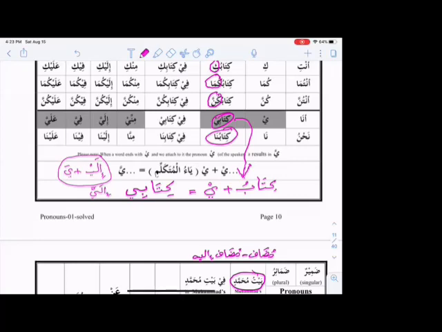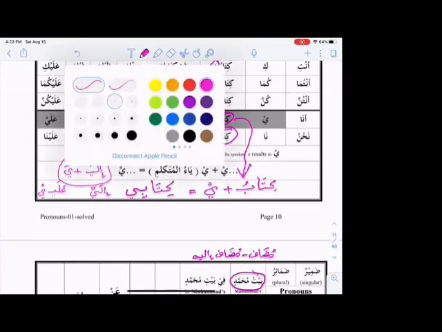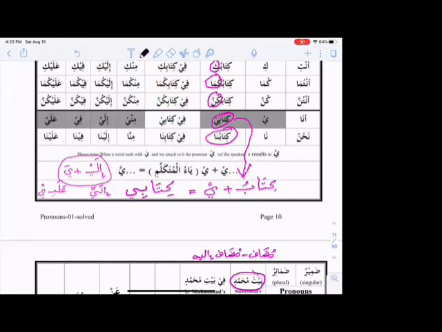Did you get the idea? Ilayya. And same way, ala, you put ya here with sukun, we have to change that into fatah. So it will become alayya.